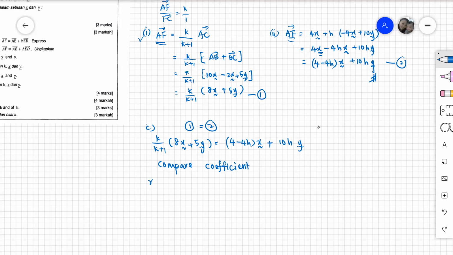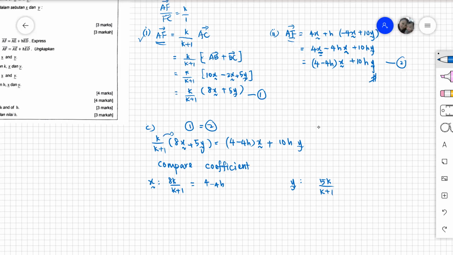Compare coefficient for vector x, we will have k over k plus 1 times 8, so 8k over k plus 1, equivalent to the right-hand side, 4 minus 4h. And for vector y, compare their coefficient. So on the left-hand side, we will have 5k over k plus 1.